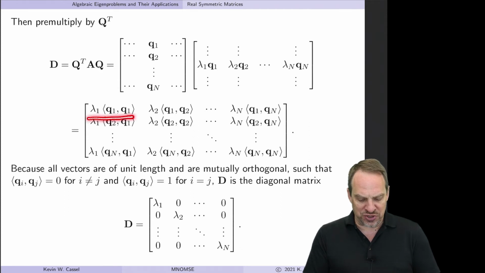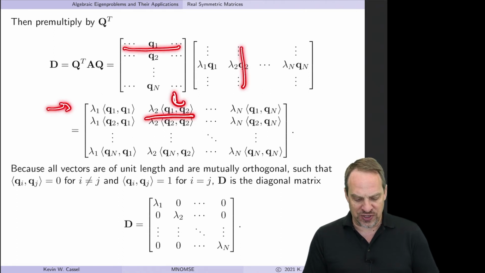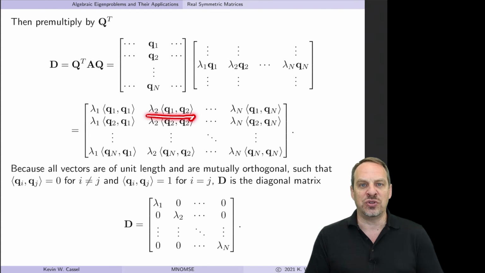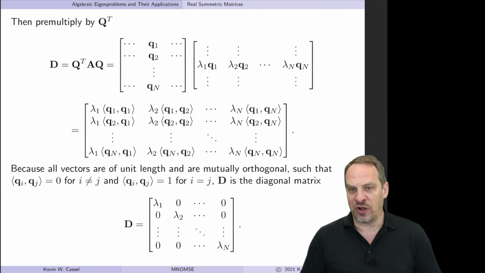In the 1, 1 position, we have the first row, first column, take the inner product. That's lambda 1 times the inner product of Q1 with itself. In the 1, 2 slot, take the first row, second column. That's lambda 2 times the inner product of Q1 with Q2. Once again, follow all the way through to all those inner products in the matrix multiplication.